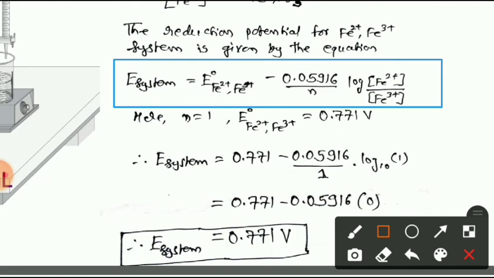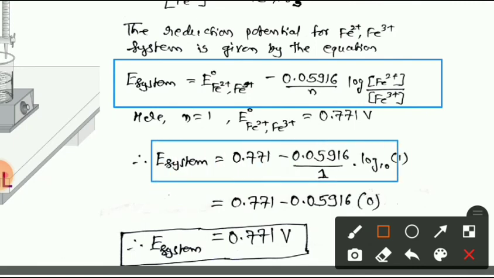Here the value of n is 1, and the standard electrode potential for this system is 0.771 volt. After substituting the values in the above equation, E system equals 0.771 minus 0.05916 divided by 1 into log of 1.